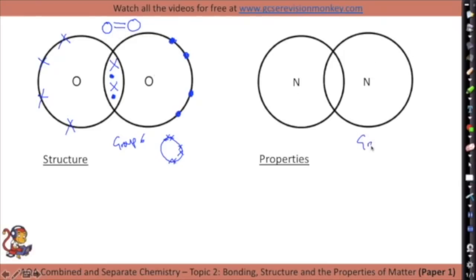Nitrogen then is in group 5, so this needs 3 extra electrons for a complete shell, so that's where we start. We start with 3 shared pairs of electrons. And this time it will only have 2 more on the outer shell like that.